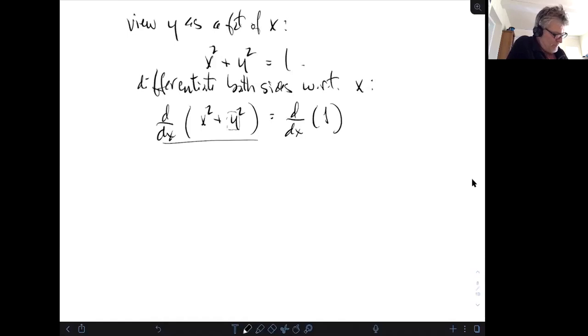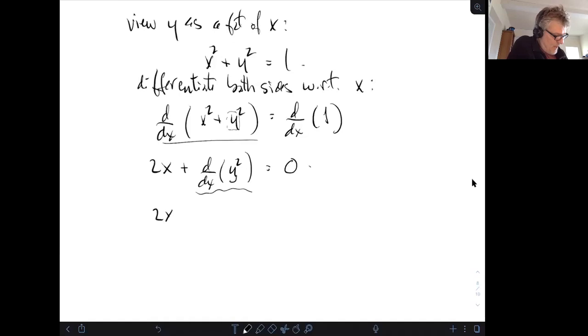That's easy, right? This is 2x plus the derivative with respect to x of y squared, and this is of course 0. Okay. So now, if you remember, long time ago, Cal 1, I've got y squared. y is a function of x. It could be cos x, it could be whatever. So how do I do the derivative, right? It's a chain rule.